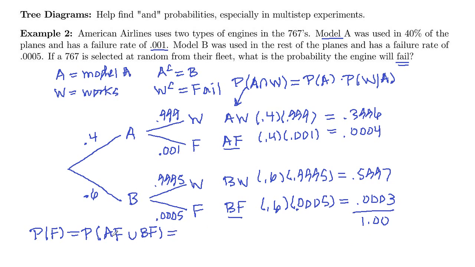And then by the addition rule, to find the probability of unions, you just add up the probabilities of the separate events. And these are mutually exclusive, so 0.0004 and 0.0003. So there's no overlap to subtract out. Our total probability is 0.0007. So 7 chances in 10,000 that a randomly selected engine would fail given these probabilities.